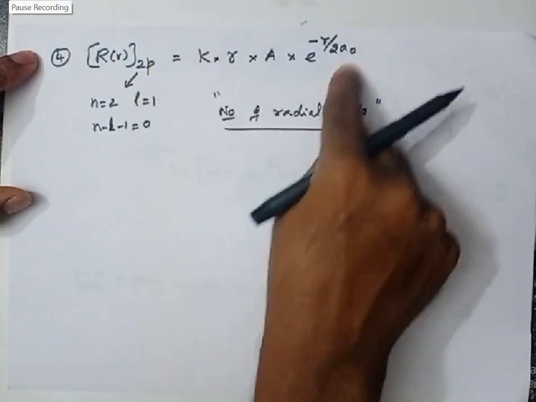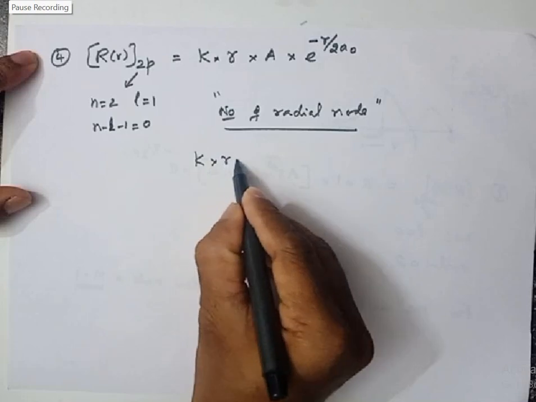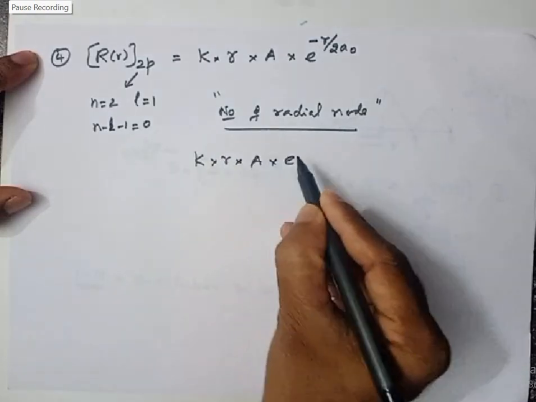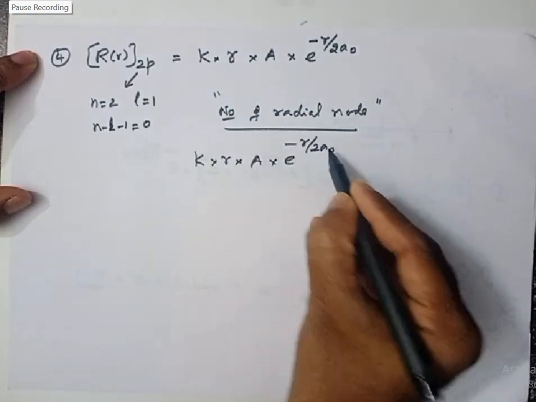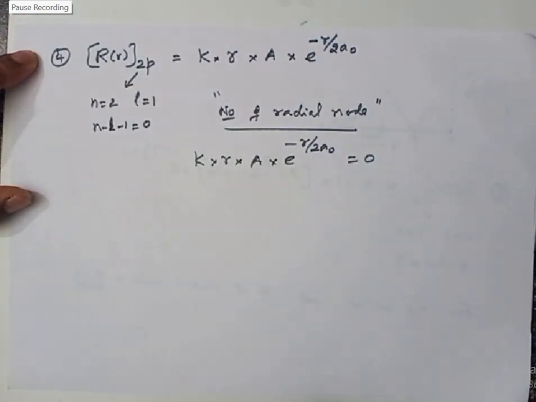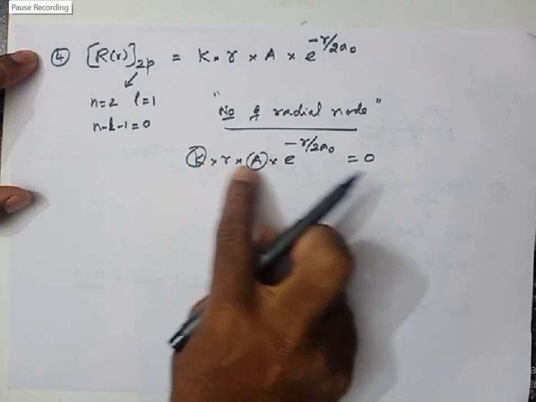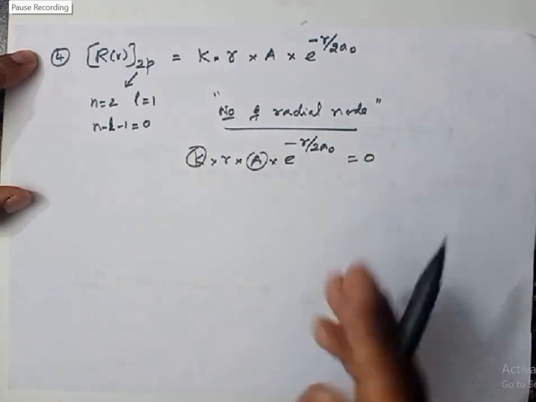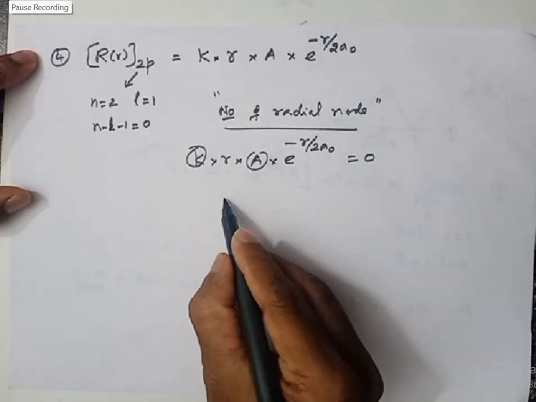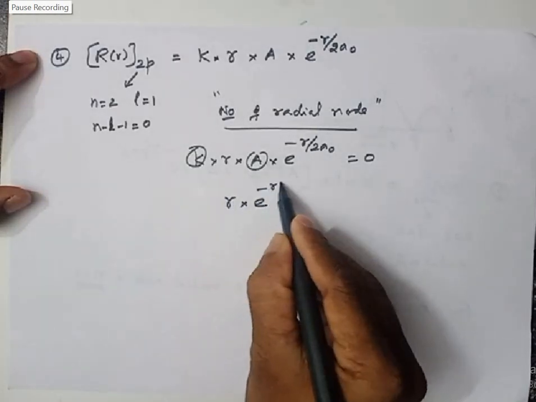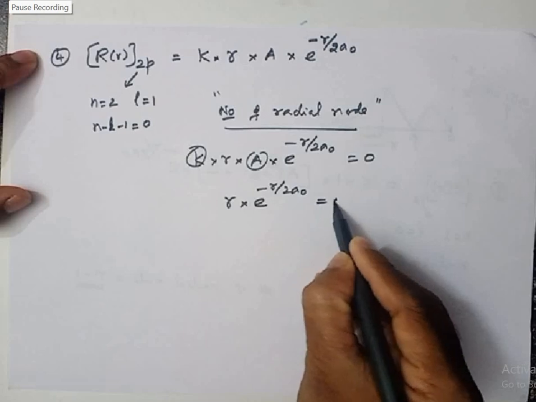Put k into r into a into e power minus r by 2a naught equal to 0. Now see, k is a constant, a is a constant. If you bring k, a, everything this side, it becomes 0. So r into e power minus r by 2a naught is equal to 0.